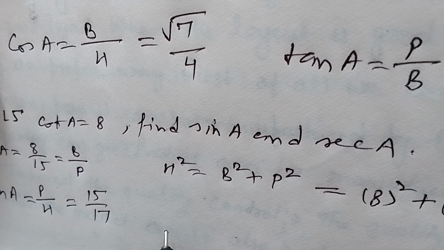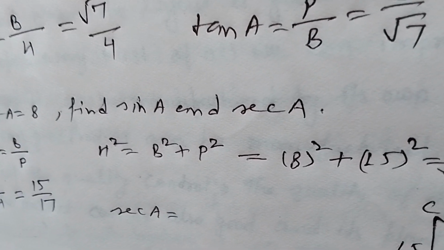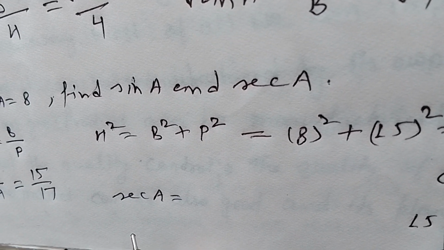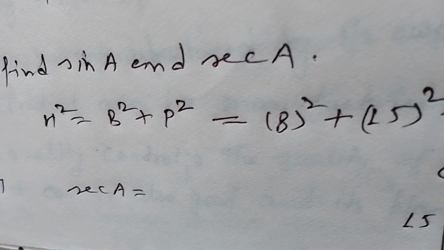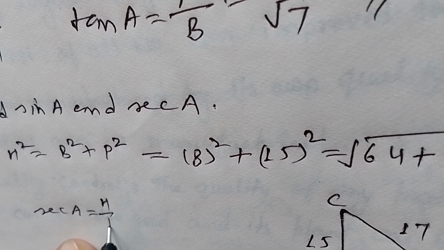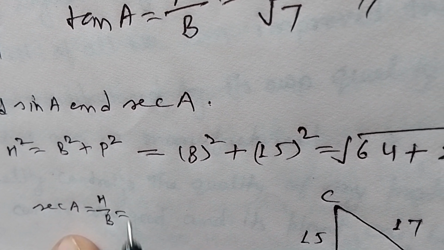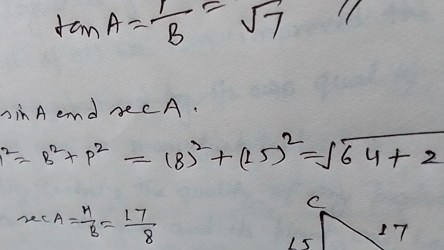And secant A. Since you know secant A is the inverse of cos A, it is hypotenuse divided by base. So hypotenuse value is 17 divided by base is 8. So this is the answer of the fourth question.